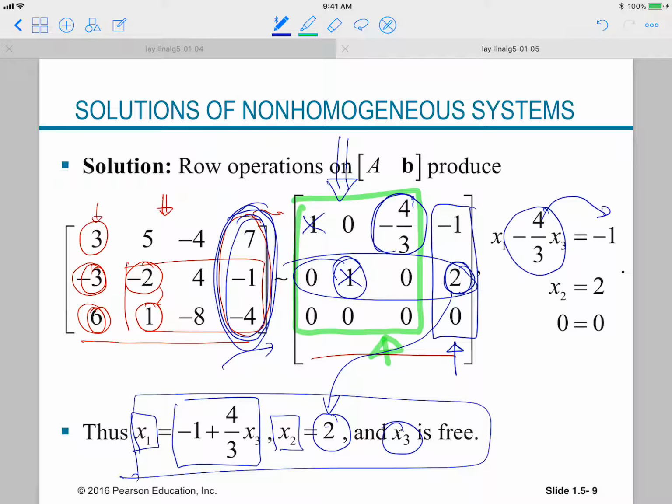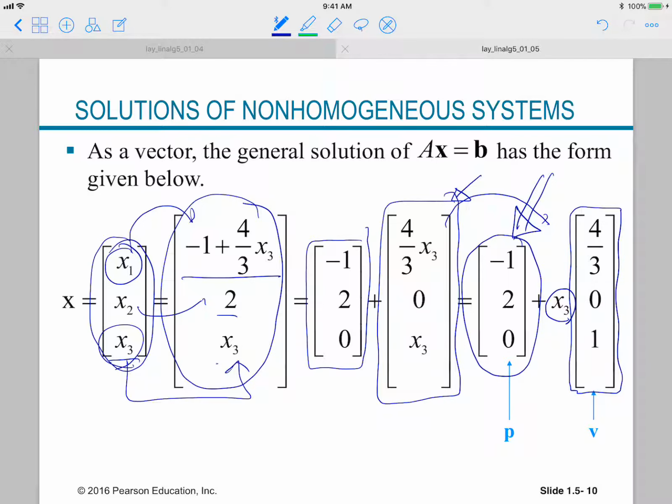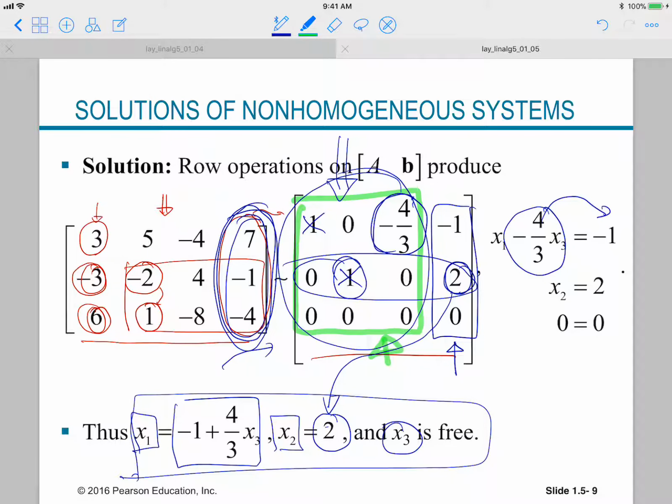In that case, since this part was the same, this part will be the same as the homogeneous linear system, but we now have this new additional constant vector. And where did this come from? It came from here, right?